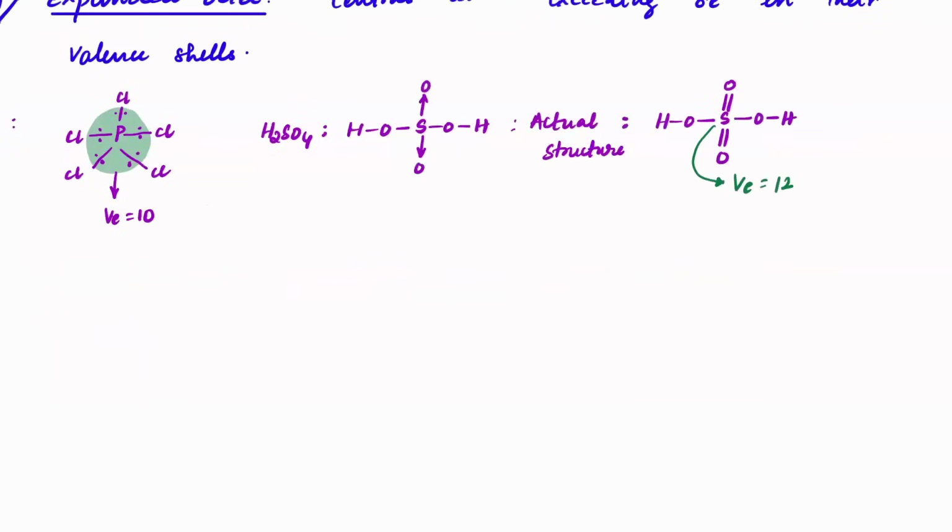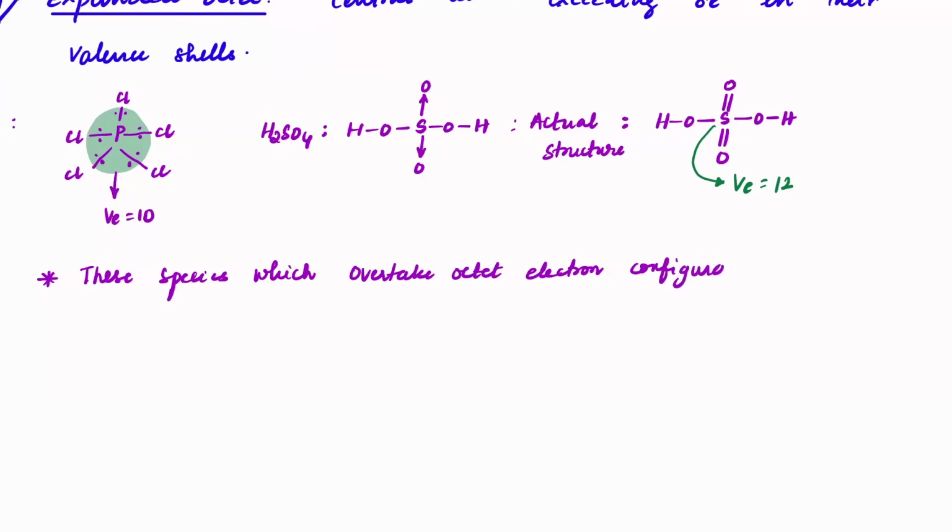So these type of compounds, these species, which overtake octet electron configuration, right?